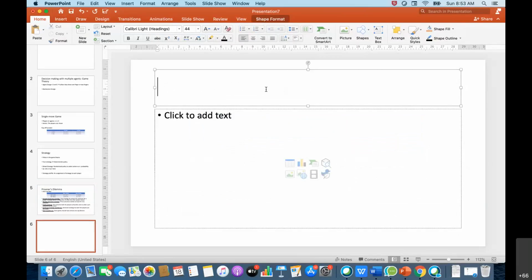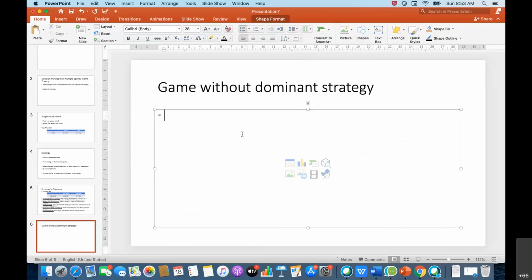Now, there also may be some game without a dominant strategy. Say there is a company who is a game designer.